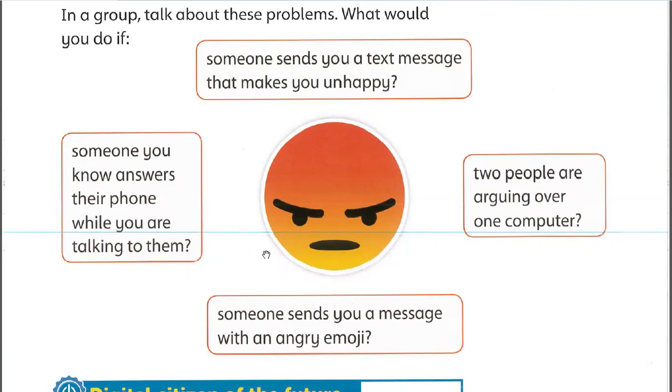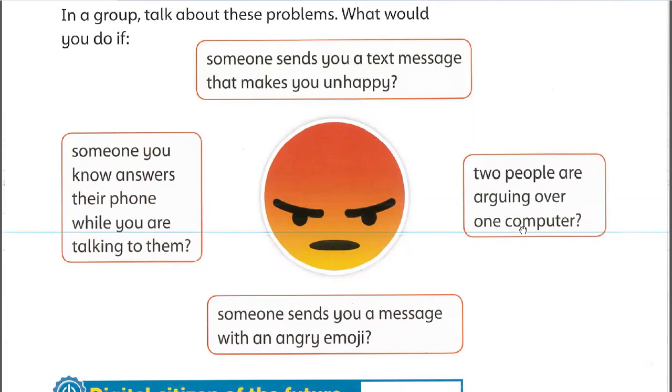Okay? You should not be angry. If there is someone who is interrupting your talk, you should ignore them and do something else while they are talking. And you should wait for your turn to let other people complete their talk.